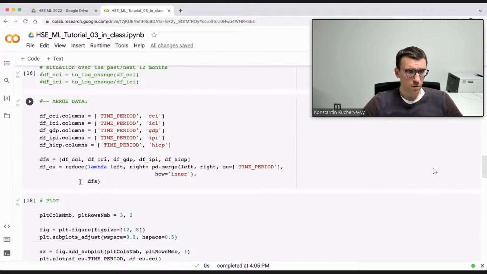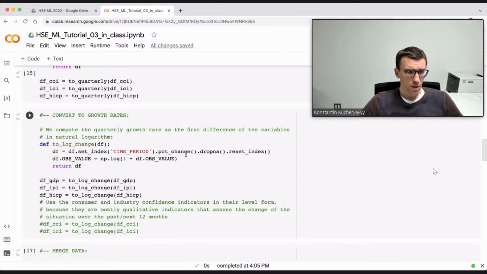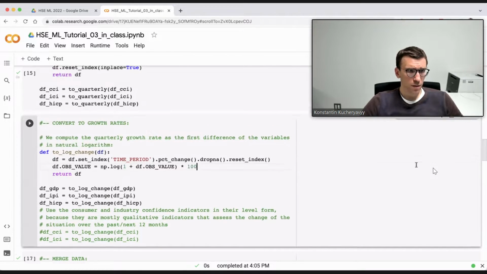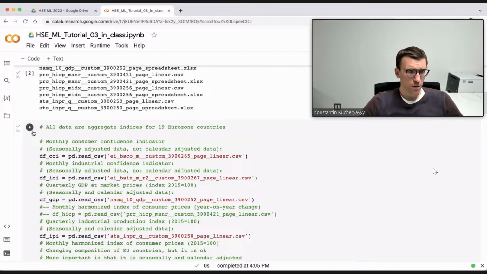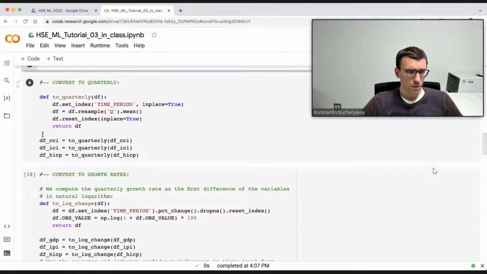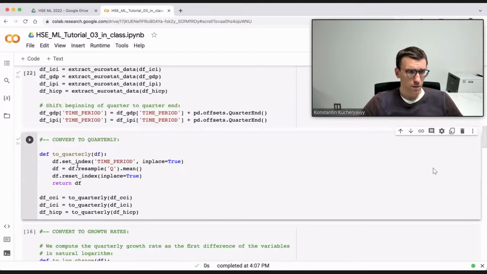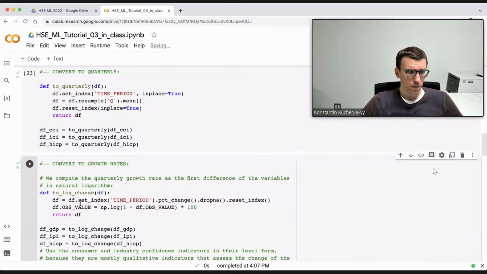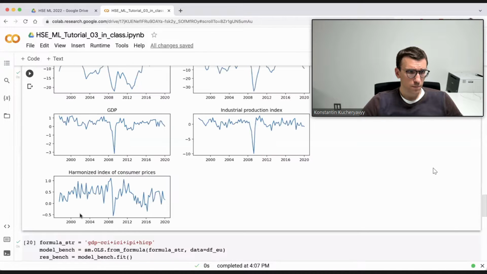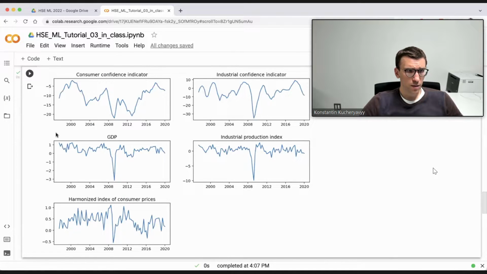We can do this. Perhaps that would look a bit better. Yeah, let's do this. Okay, so now the data is in percent for GDP, industrial production index, and harmonized index of consumer prices.